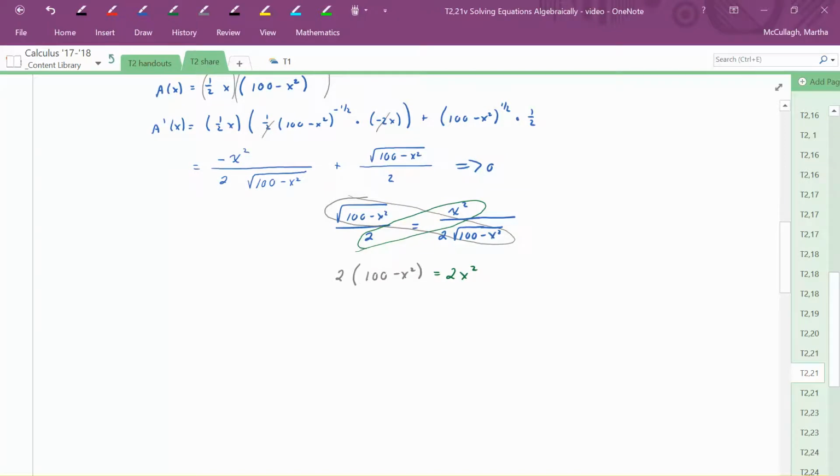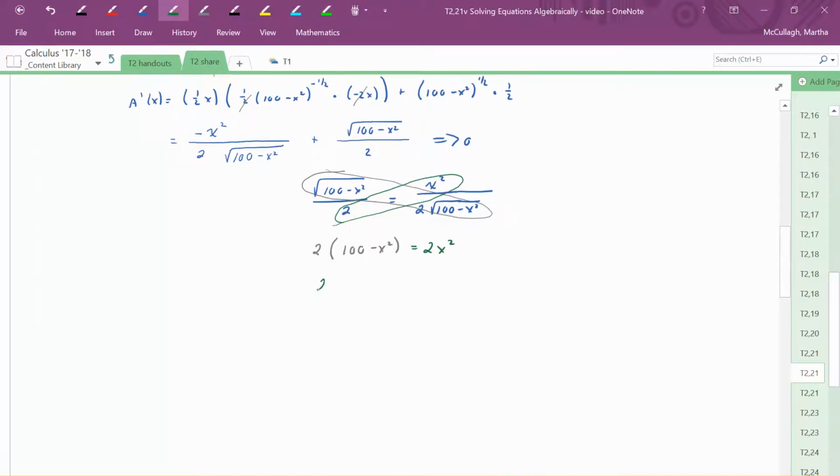So using my distributive, I've got 200 minus 2x squared equals 2x squared. Adding 2x squared to each side, I have 200 equals 4x squared. Dividing by 4, x squared equals 50.